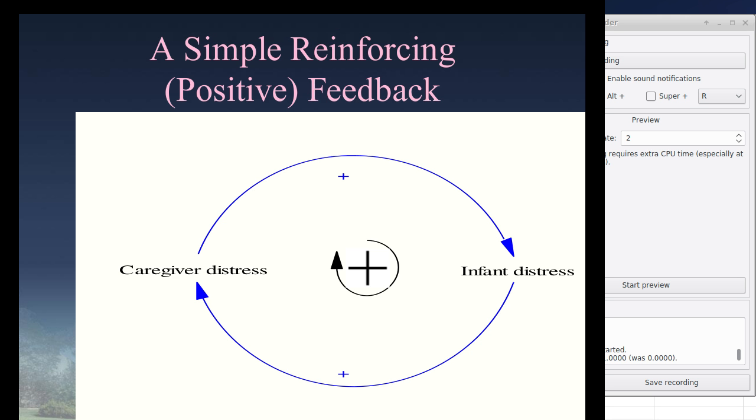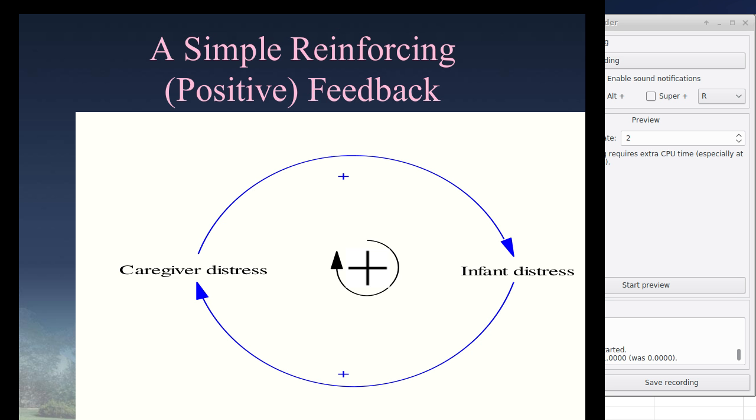And infant distress, more or less. And then we put links from one variable to another, and those links are directional. They go from A to B, indicating that a change in A can causally bring about a change in B. That we posit there's a causal connection there. And we attach a polarity to that connection.